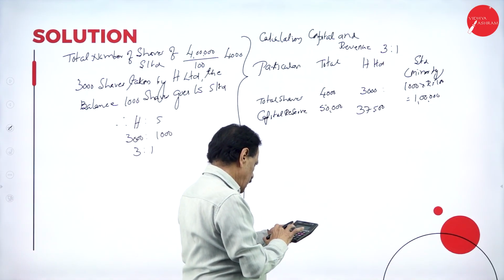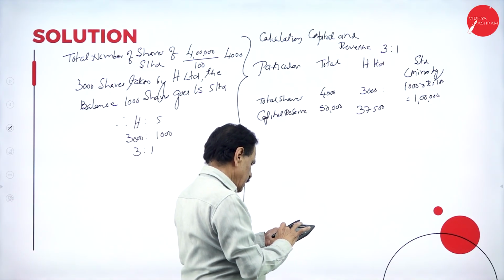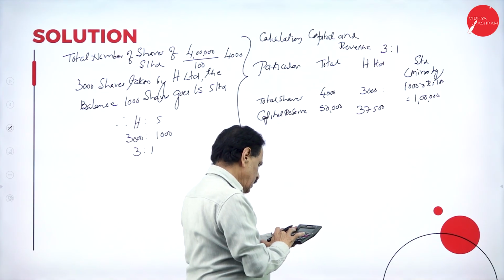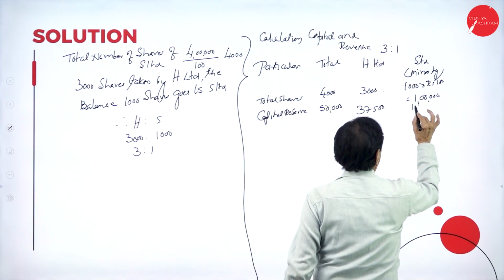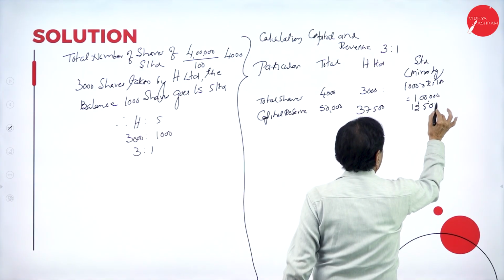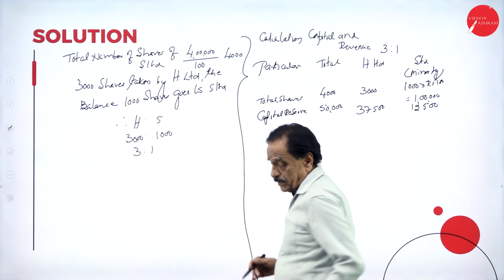So 50,000 into 1 divided by 4, 12,500. This goes to capital reserve.